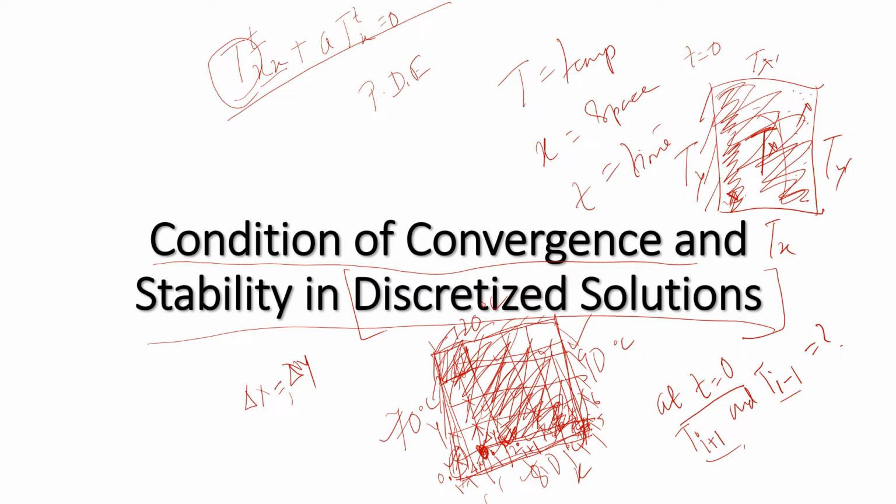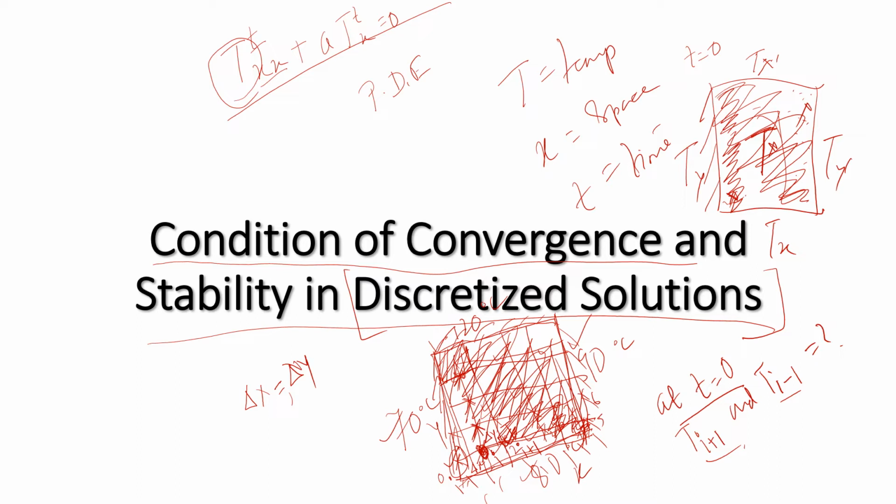But in case of the discretized solution, what we do is we try to solve the equation for each point of the junction of the grid. So if this is the junction or node of the grid and the grids are equally dimensional, then at each of these points the discretized solution will give a result.